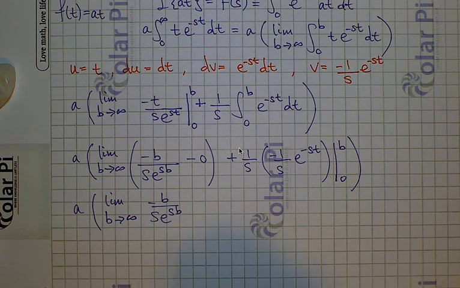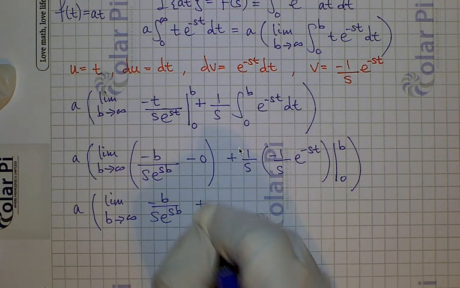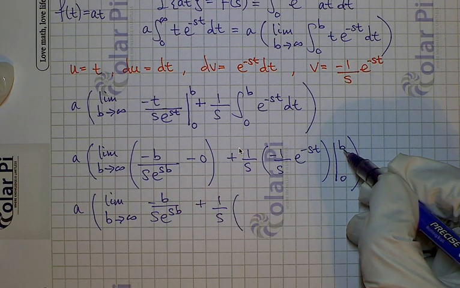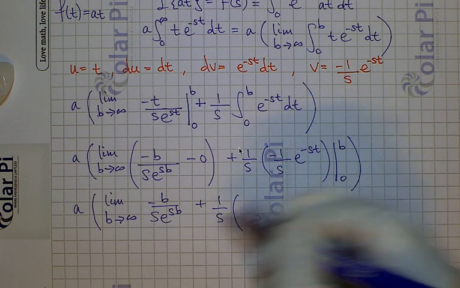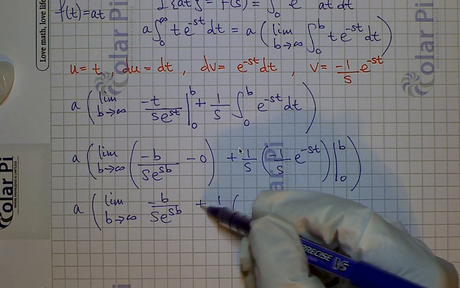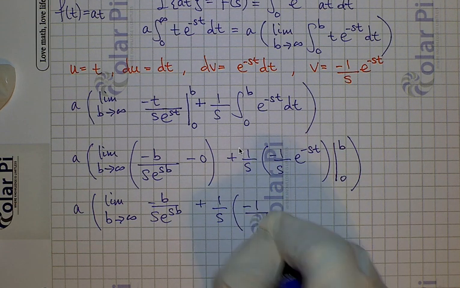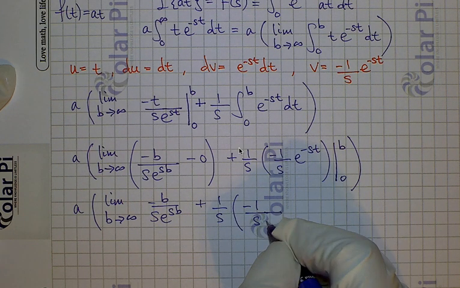And then we have plus 1 over s times, when we plug in b, negative 1 over s and then e to the negative sb, but we can write that in the denominator as e to the sb with a positive exponent.